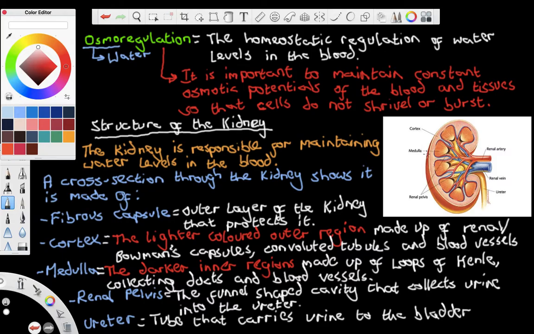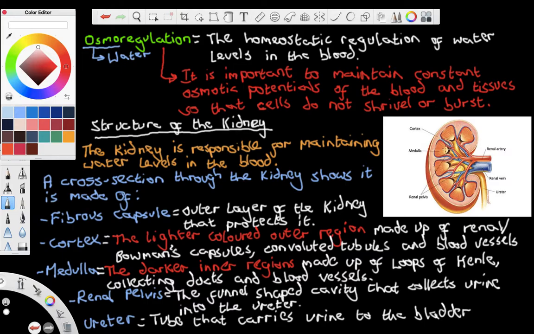We've got the cortex, which is the lighter area found on the inside of the kidney, and this consists of renal or Bowman's capsules, convoluted tubules, and blood vessels. You've got the medulla, which is these darker triangular areas on this diagram, made up of loops of Henle, collecting ducts and blood vessels. You've got the renal pelvis, which is a funnel-shaped cavity that collects urine. And then we've got the ureter, which takes urine to the bladder from the kidney.